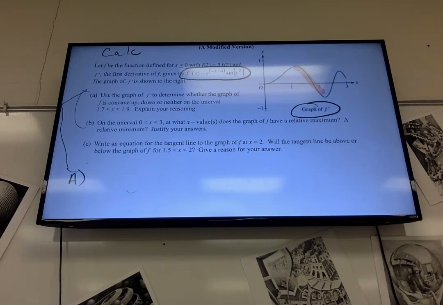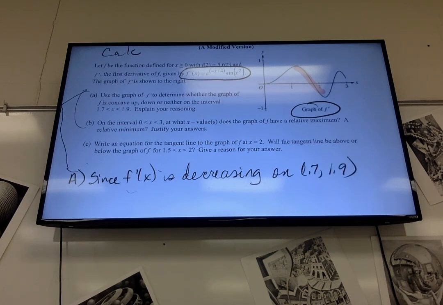Yes. So I could say, since f prime of x is decreasing on the interval 1.7 to 1.9, then f double prime of x is less than 0 on 1.7 to 1.9.